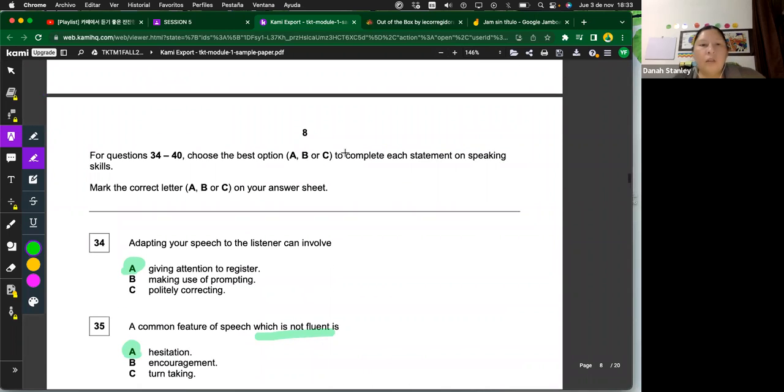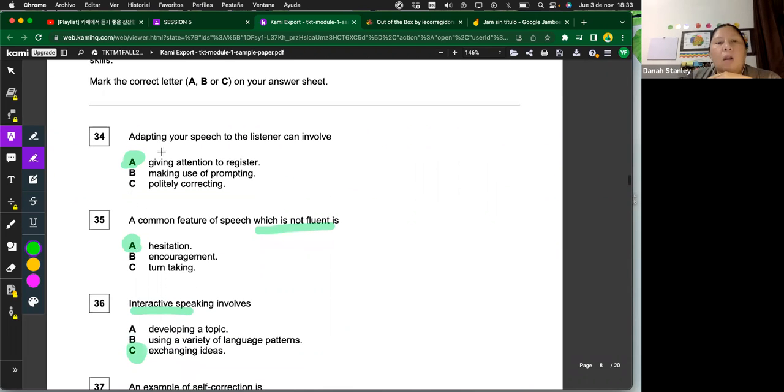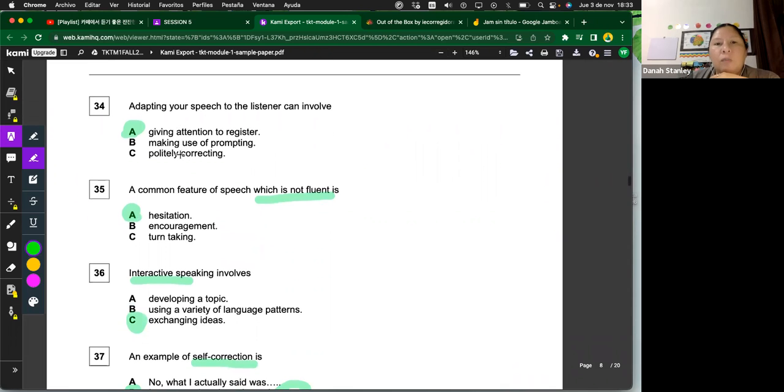For questions 34 to 40, choose the best option to complete each statement on speaking skills. Number 34: adapting your speech to the listener can involve giving attention to the register, making use of prompting, or politely correcting.